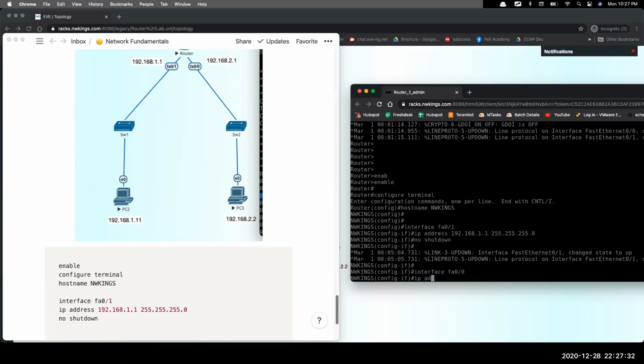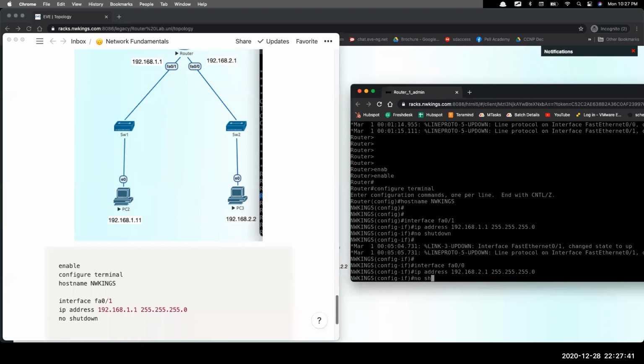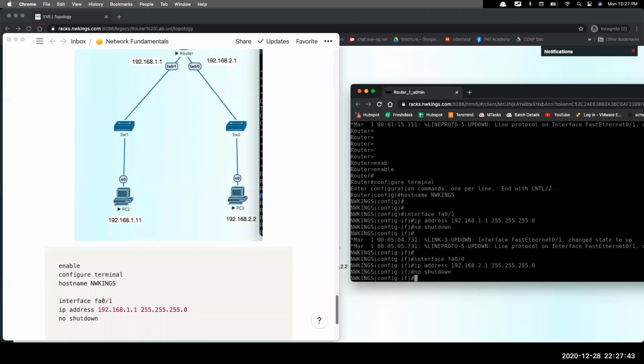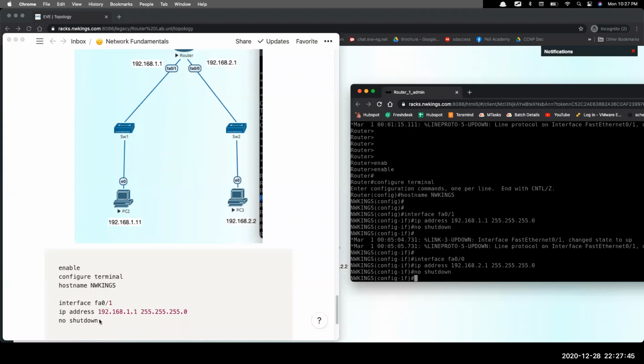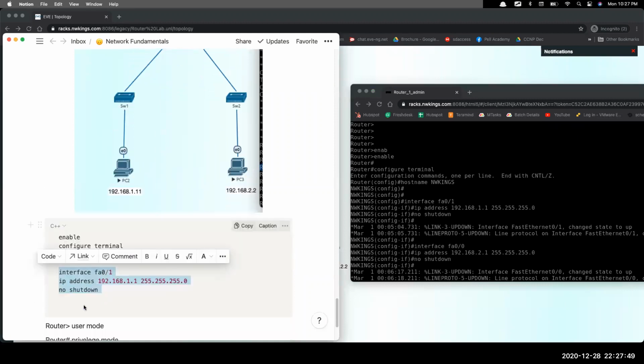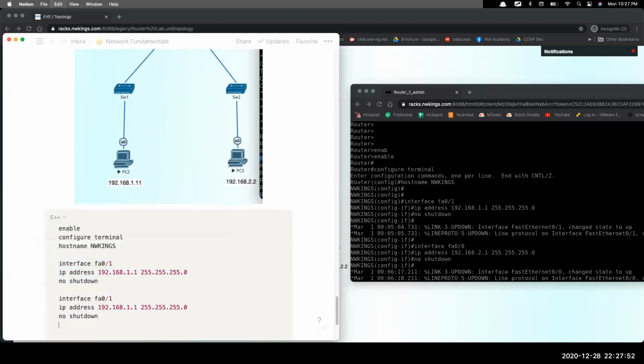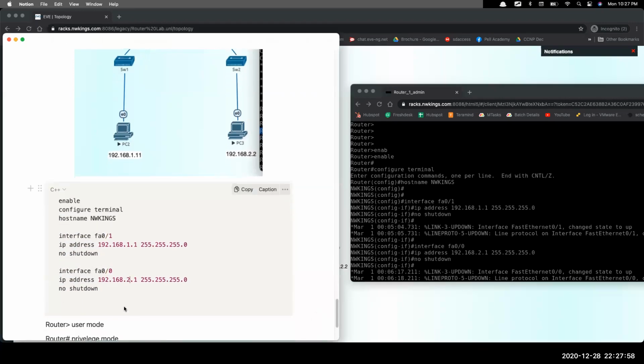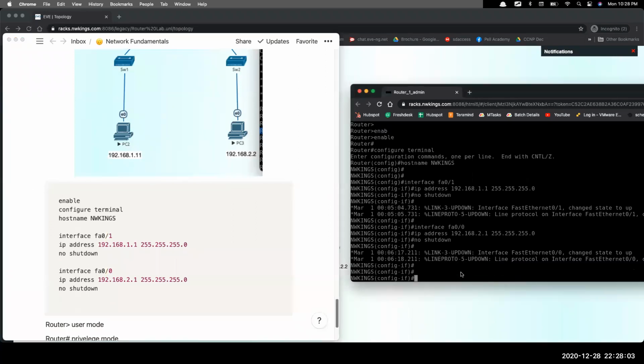Okay, IP address 192.168.2.1, 255.255.255.0, and again no shutdown, right? The same way you give the command interface FA0/0, and I'm going to type 192.168.2.1 and click on no shutdown.